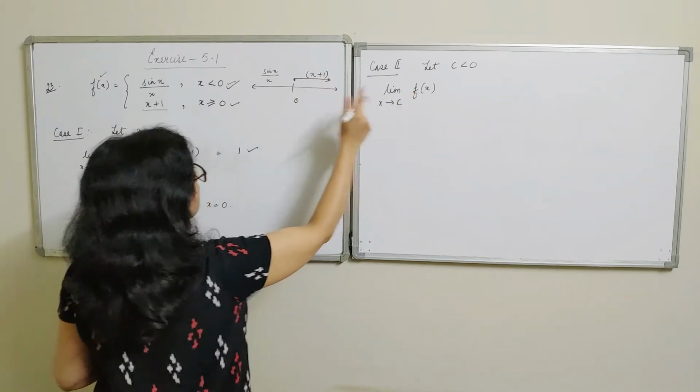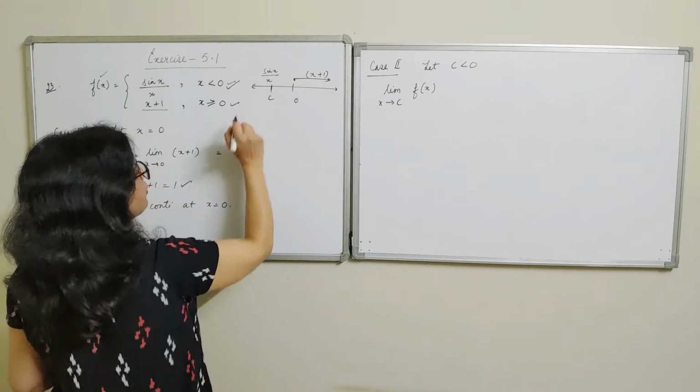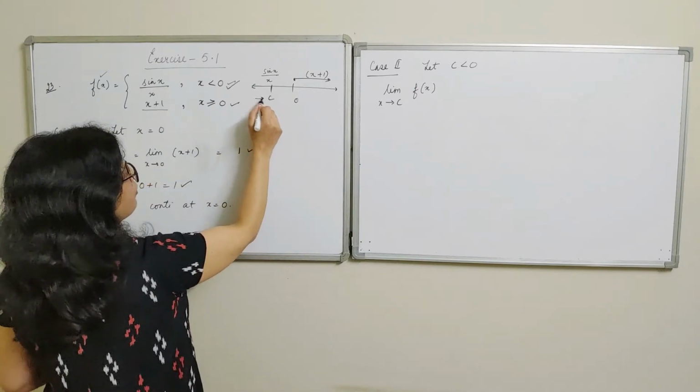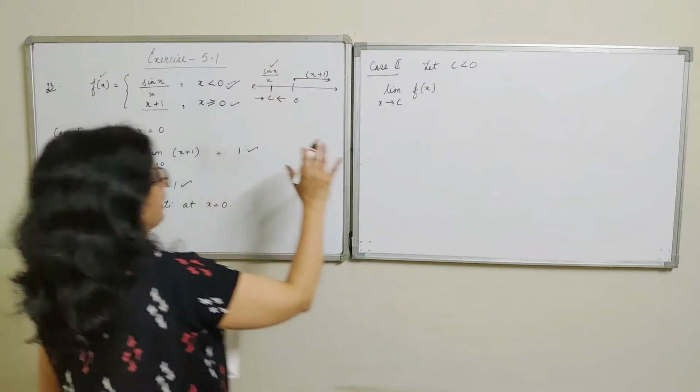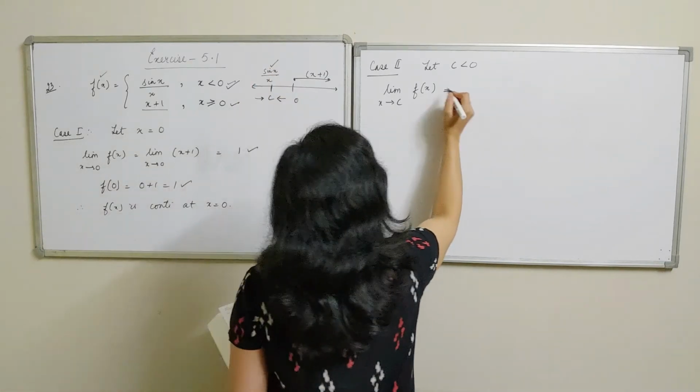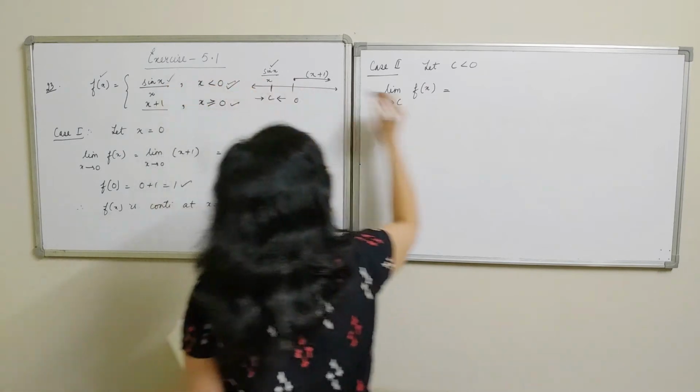I have taken a point less than 0. Suppose this is that point C. So when you are approaching C from the left side or from the right side, the function remains the same. So we are directly finding out the limit of the function, and this is our function.